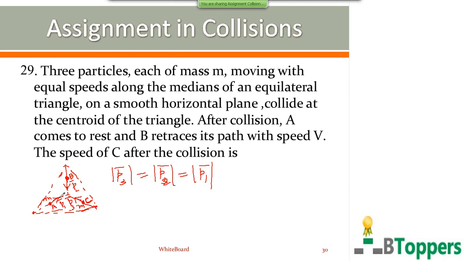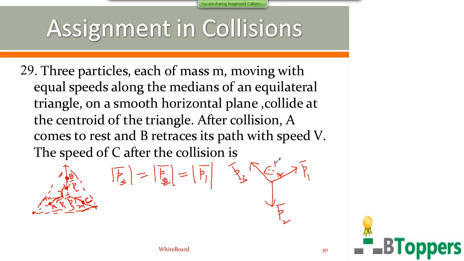If you draw a separate figure representing the three momentum vectors graphically, the three vectors can be drawn from the same point such that the tails of the three vectors are attached to a common point. The angle between any two medians, in the case of an equilateral triangle, is 120 degrees.